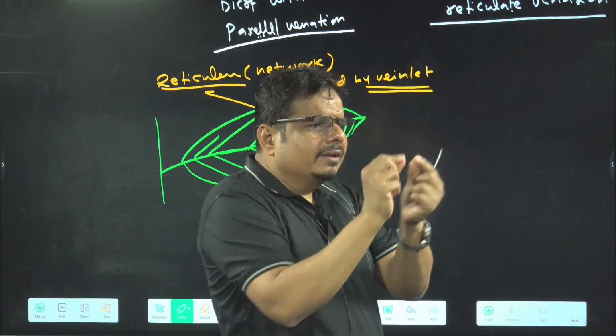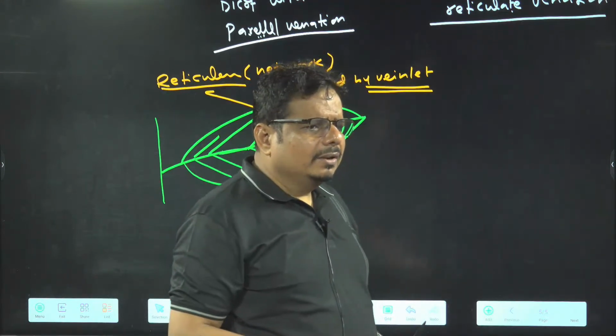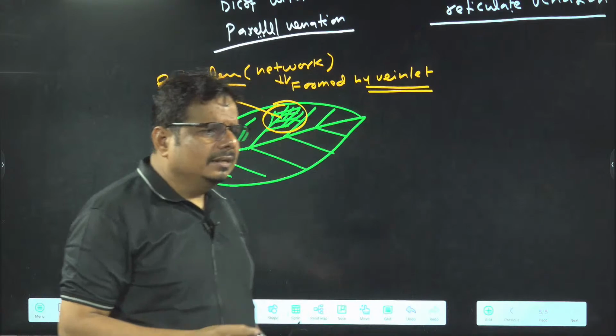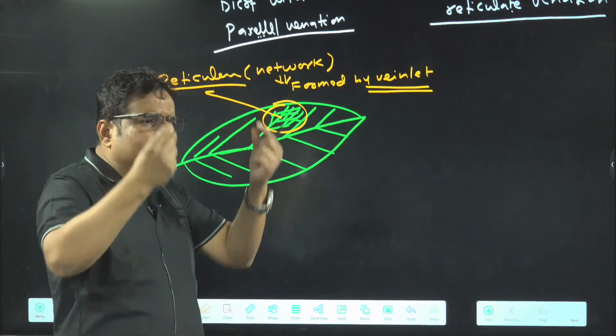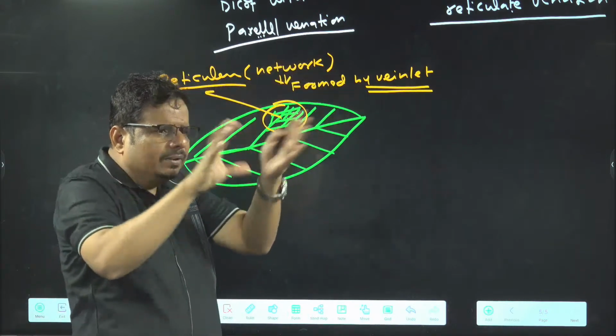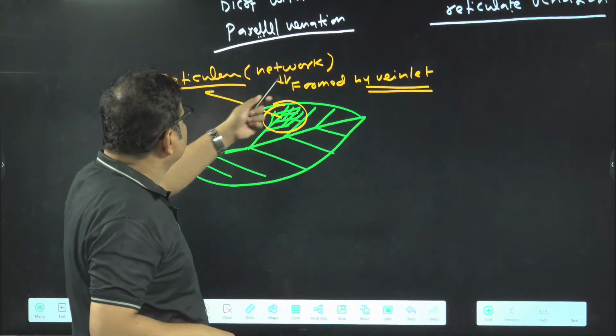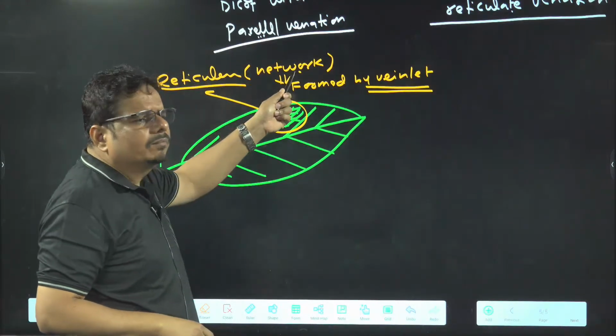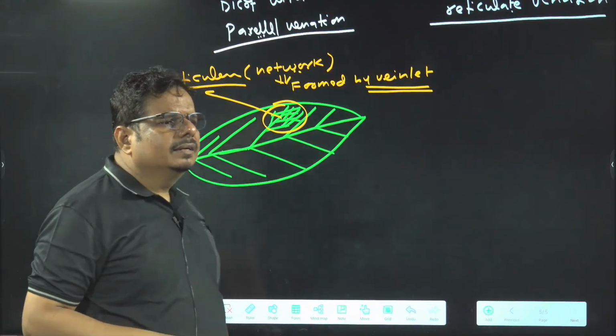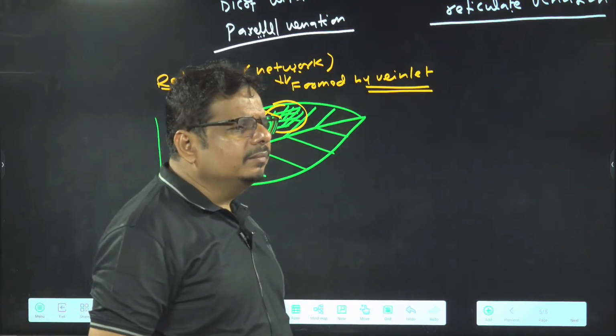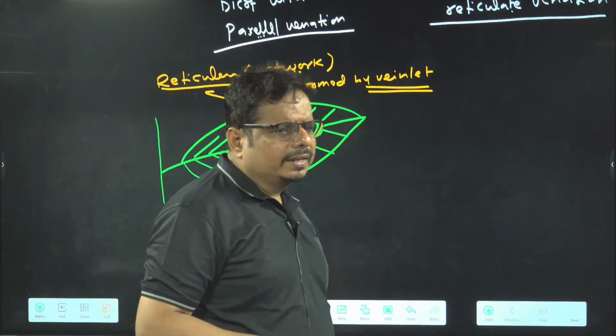It is like a woven net, mosquito net-like, present everywhere in the lamina. This is called the network or reticulum, and it is formed by veinlets. This condition is present in the dicot leaf.